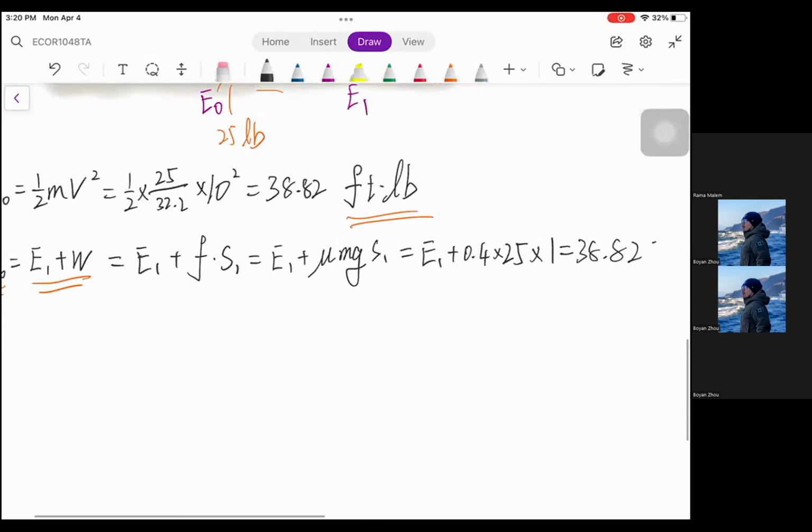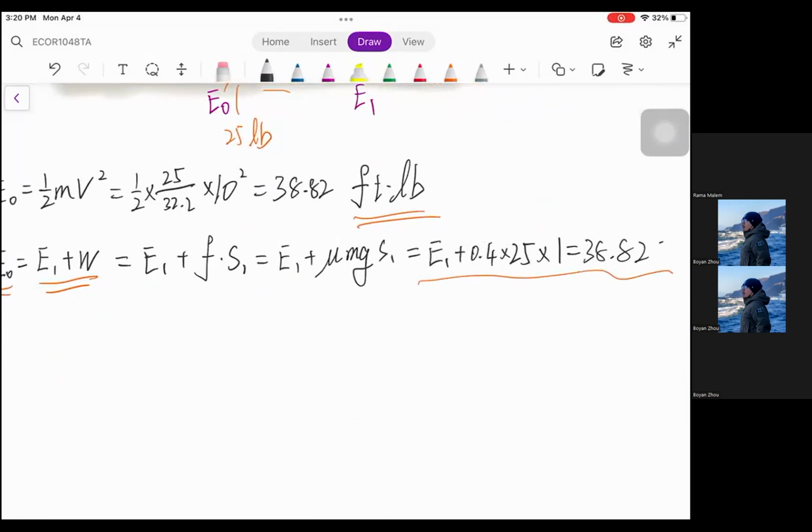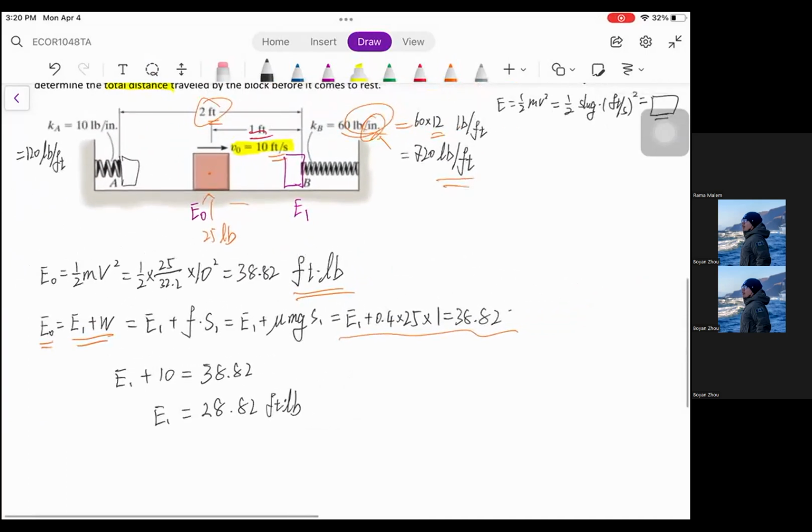Just solving this equation, we have E1 plus 10 equal to 38.82, so E1 is equal to 28.82 foot-pound.